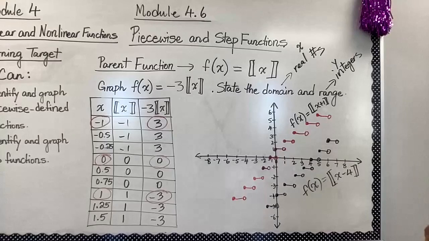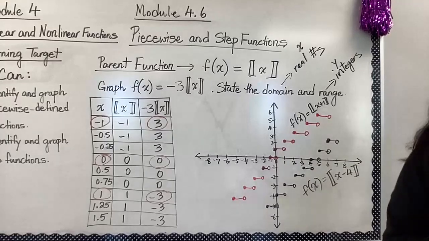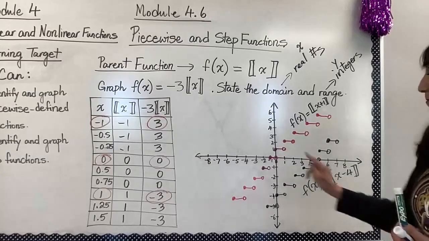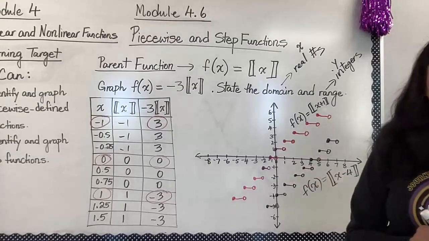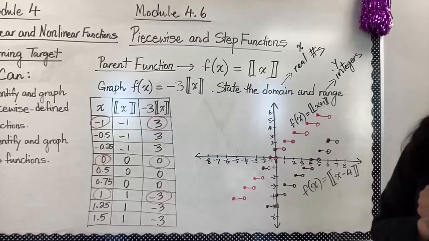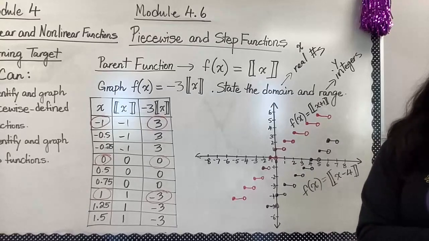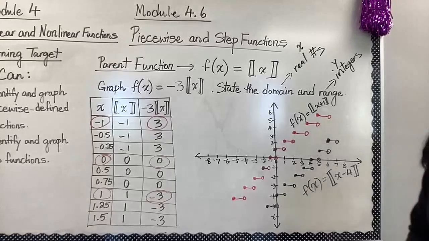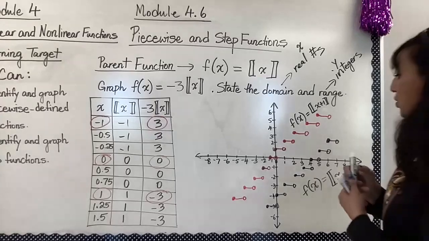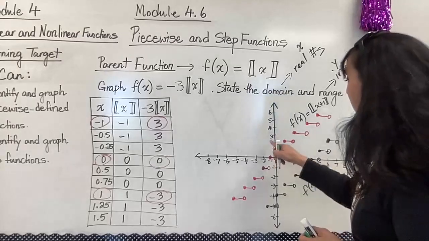Okay, so if I say 0, 0, and let me go ahead and start plotting. I have 1, -3, and then I have my -1, 3. So here's -1 and here's 3.